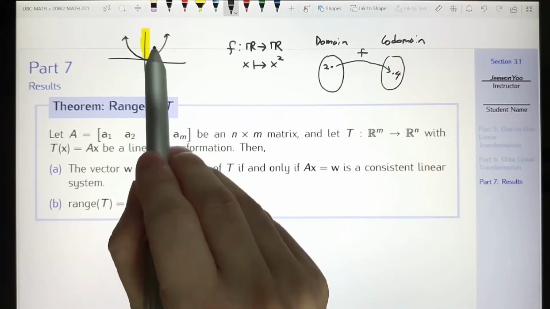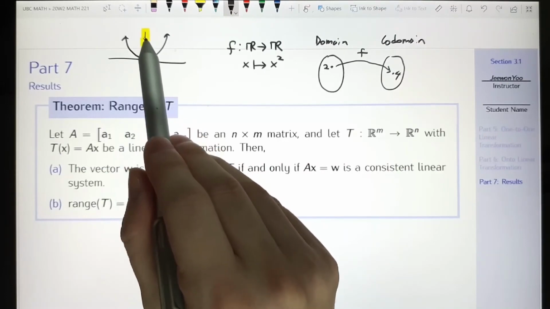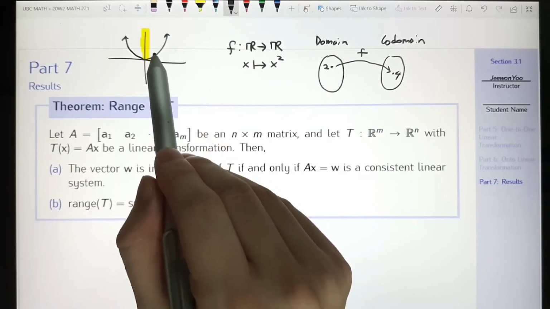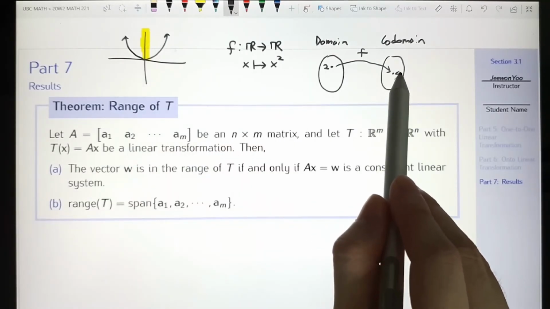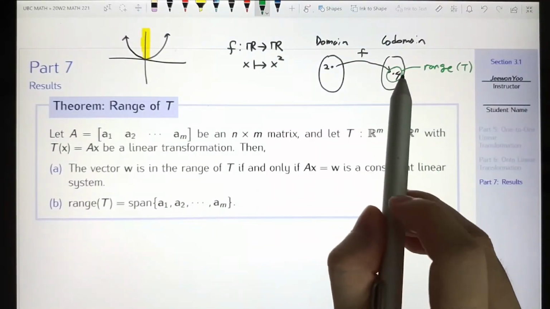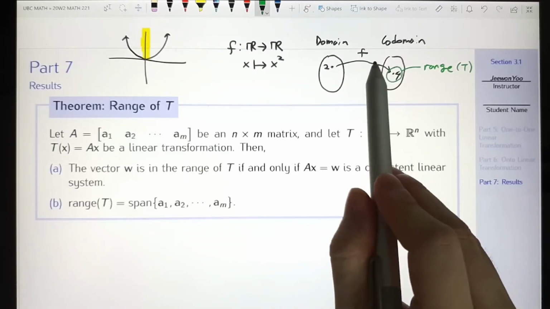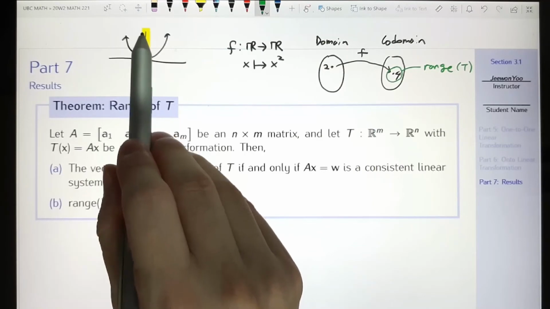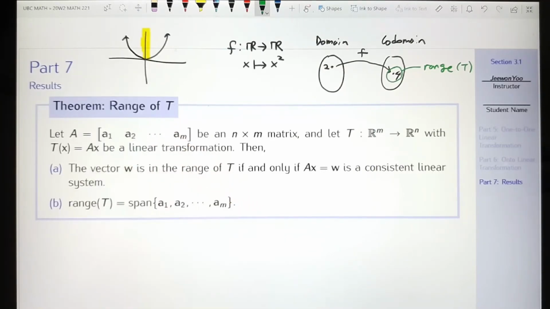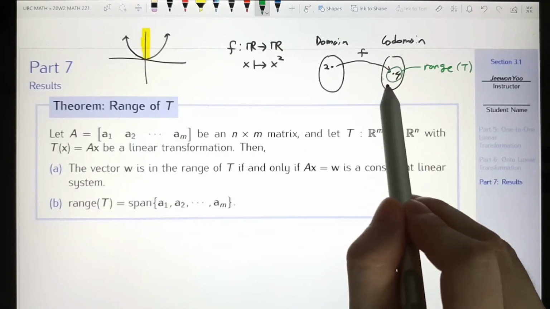Because if you look at the yellow highlighted portion, 4 is indeed part of all the elements in the yellow highlighted portion. So 4 is in the range. Look everyone, I made the range portion smaller than the codomain because, as you can see, the yellow highlighted portion is a smaller set than the entire y-axis. Do you agree? So hopefully you understand the range is a subset of the codomain.